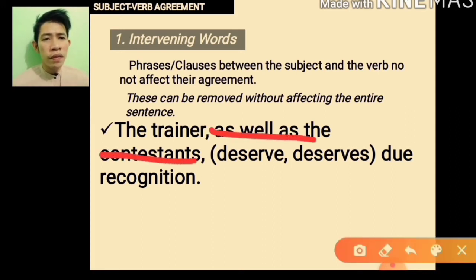So, let's try to diminish or remove that one. The trainer deserves due recognition. So, see, still a complete sentence. Okay, so that is intervening words, as well as the contestants. So, in that case, ang main subject natin is trainer. So, trainer is what? Singular or plural?